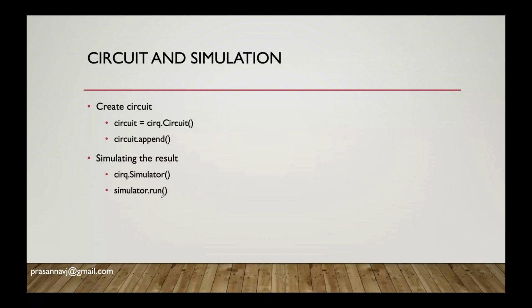Okay, so next is how do we create the circuits. We talked about the circuit, how the circuit combines your qubits, your operations and the gates and so forth. This is how you do it: you create the circuit using cirq.Circuit, and you use the append operation for adding details as part of your circuit.